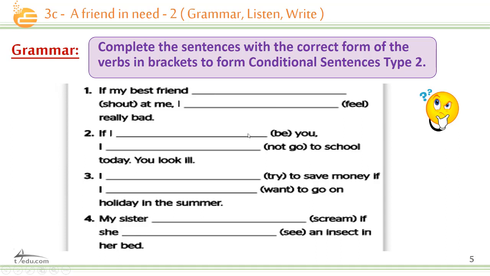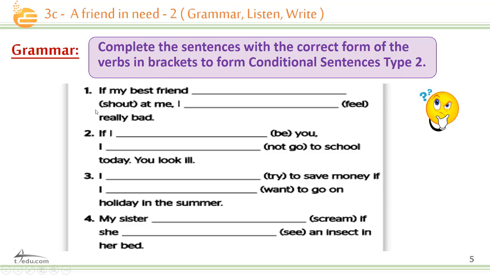Now, we are going to complete the sentences with the correct form of the verbs in brackets to form conditional sentences type 2. Let's keep in mind that the if clause will be in the simple past and the other clause will be a modal in the past tense plus a base form of the verb. So let's start. If my best friend, here we have the verb in brackets, shout.